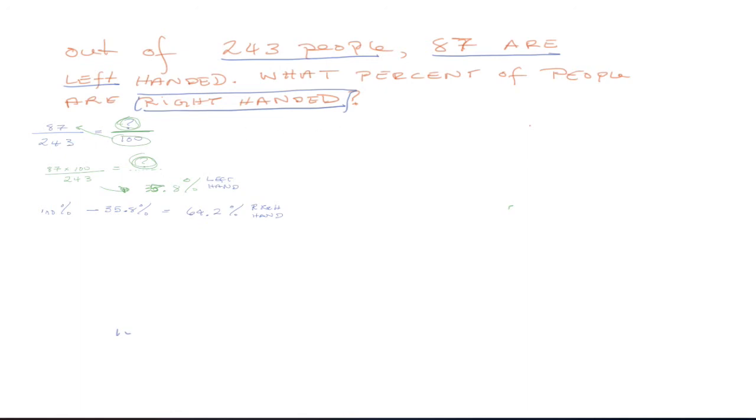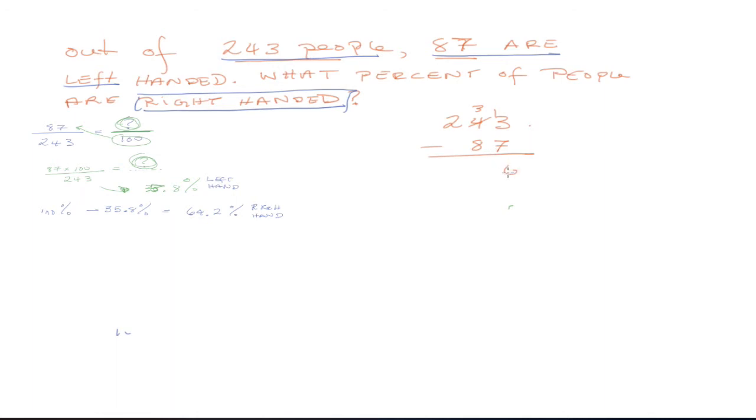I'm going to solve this in orange. So we said that there are 243 people altogether. It's right here. And that 87 of them are left-handed. Well, from that, we can find out how many are right-handed right away by doing 243 people in total and then take away the 87 left-handed people. 3 and 7 you can't, you borrow, that's 13.